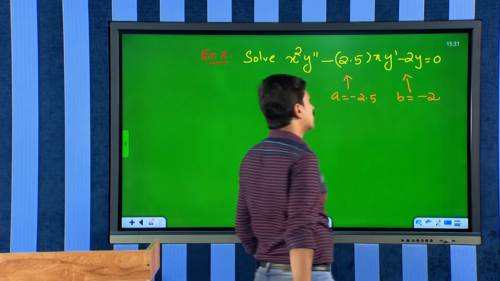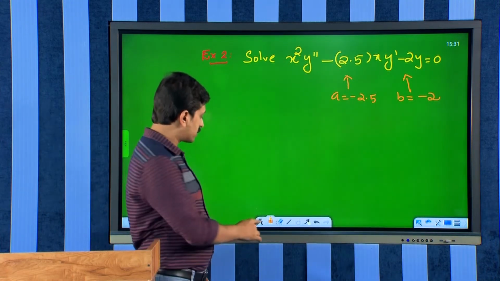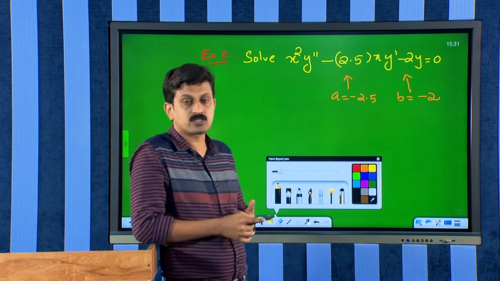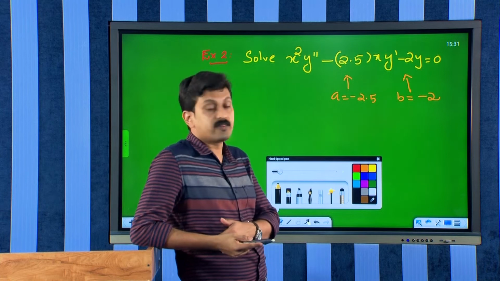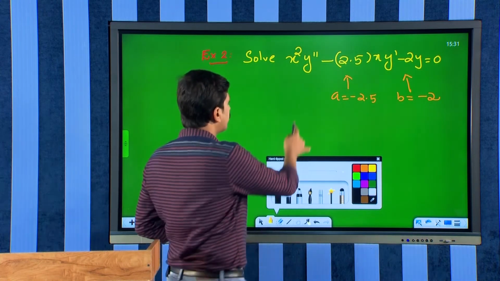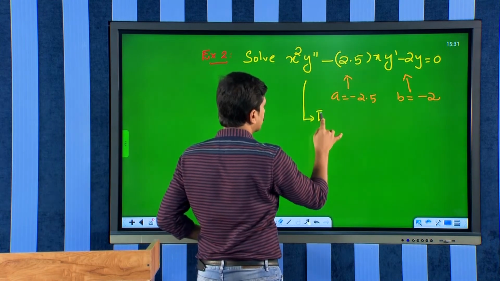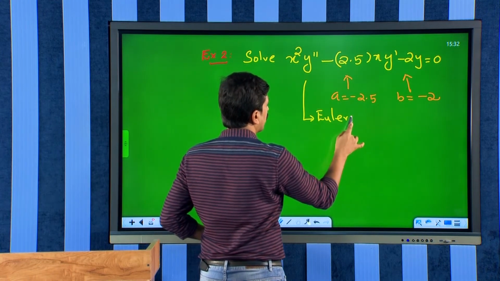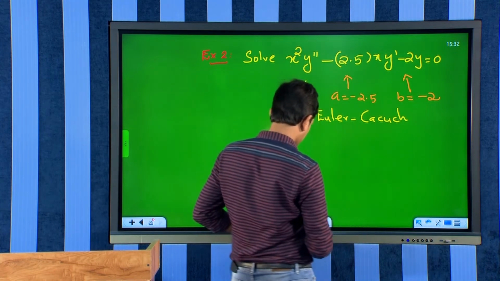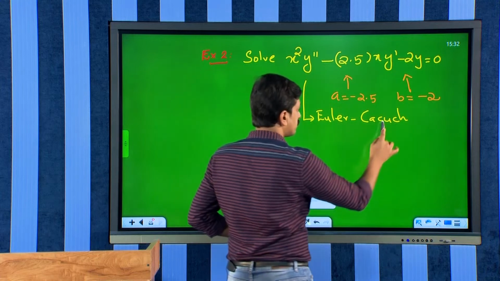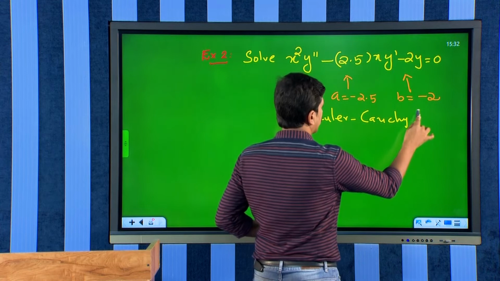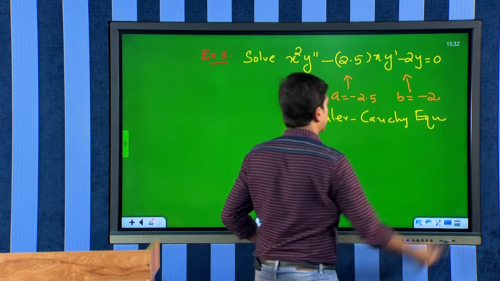So, fine, dear students, this differential equation x square y double dash minus 2.5 x y dash minus 2y equal to 0 is definitely an Euler Cauchy equation. This is the Euler Cauchy differential equation.